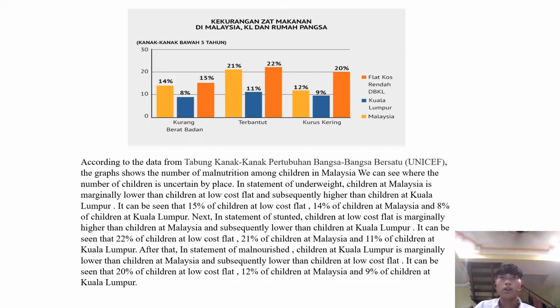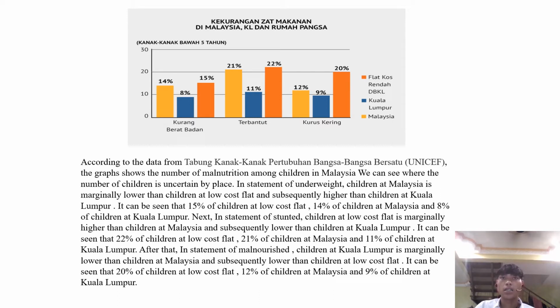In terms of underweight, children in Malaysia are marginally lower than children in low-cost flats and subsequently higher than children in Kuala Lumpur. It can be seen that 15% of children at low-cost flats, 14% of children in Malaysia, and 8% of children in Kuala Lumpur.